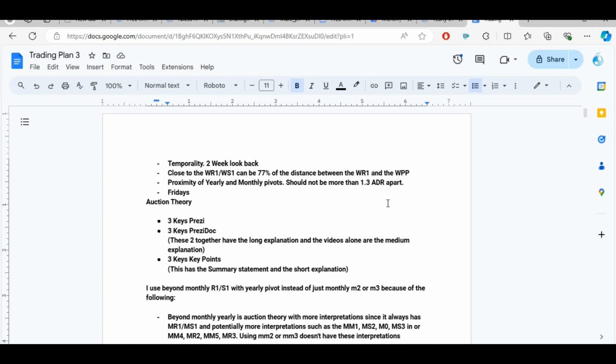That's something that I felt was more reliant on your personal discretion, meaning you'd have to use your human eye coupled with the ADR to properly assess the proximity of those levels and make sure that the maximum proximity between those two levels is no more than 1.3 times the ADR.